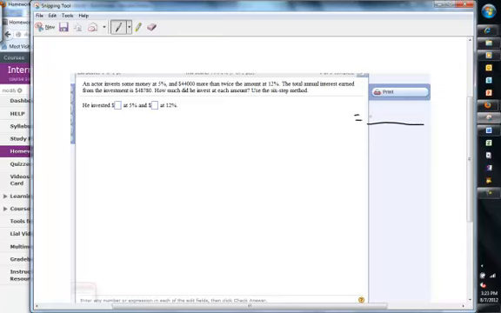Let's call the first one the smaller, S for smaller. The larger amount, it says here, is 44,000 more than twice that amount. Since it's more than, we always put the plus sign, switch around the order whenever you see the word than. So 2S plus 44,000 is the larger amount.